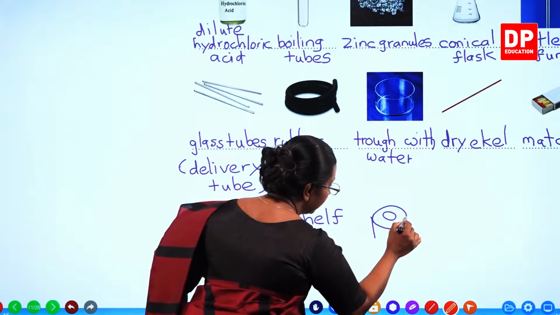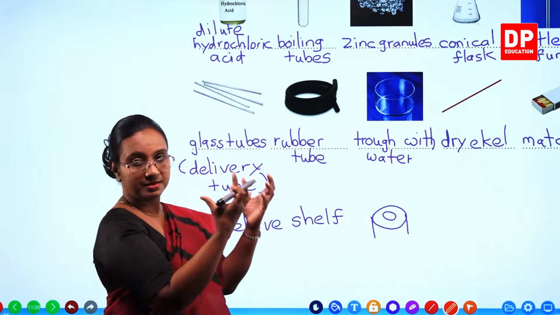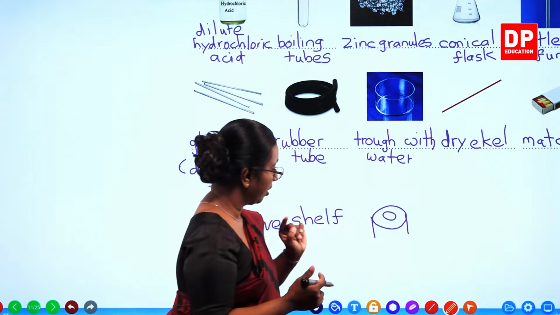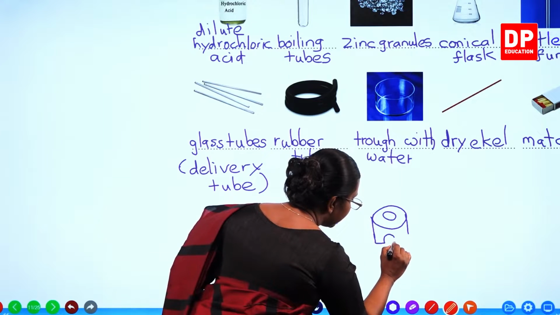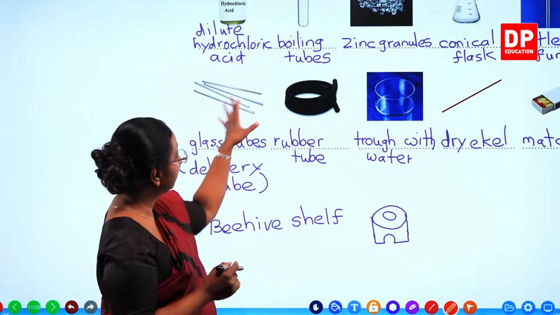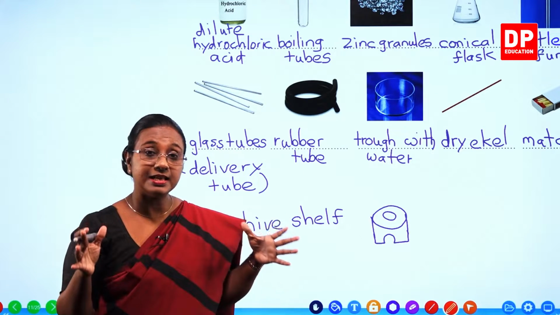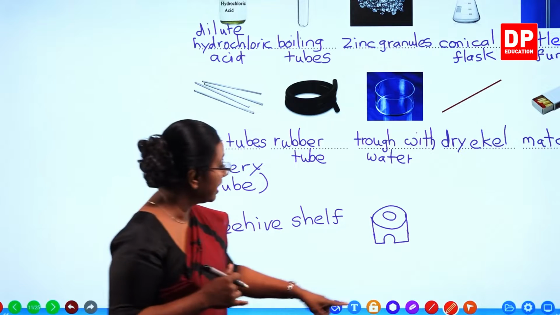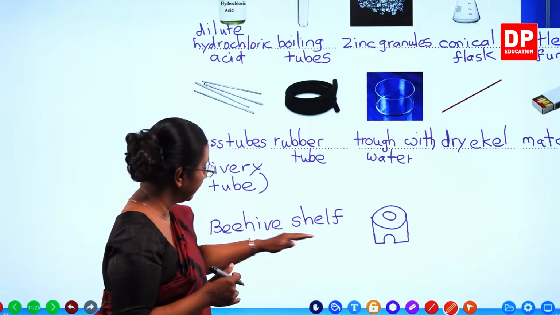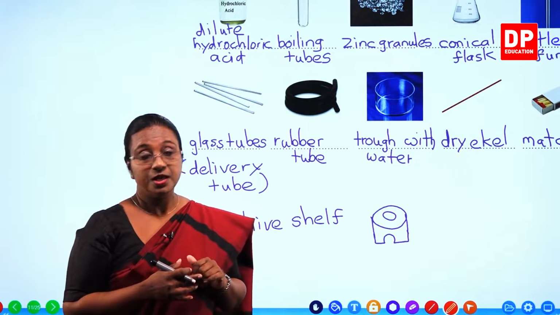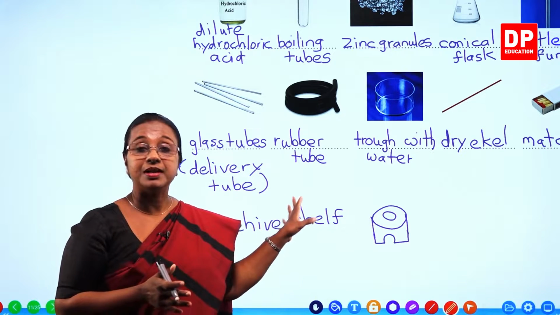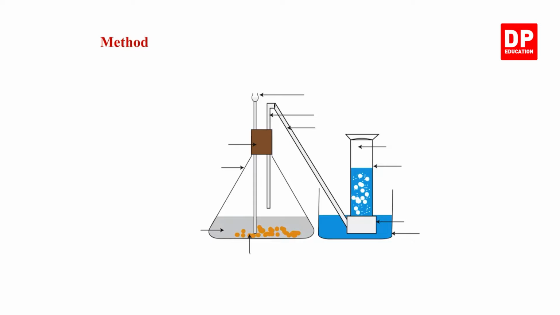It is like some small stage, with an opening at the top and also an opening here. When we connect all these materials and prepare the setup to collect hydrogen gas, I will explain the function of a beehive shelf. So we need this beehive shelf as well. With that, I will move on to the next slide where I explain the diagram of the apparatus used to collect hydrogen gas.